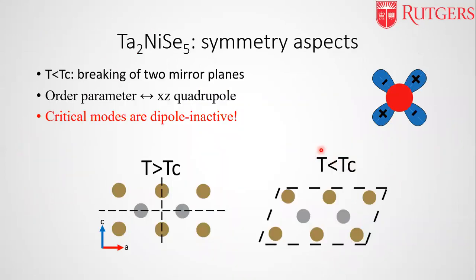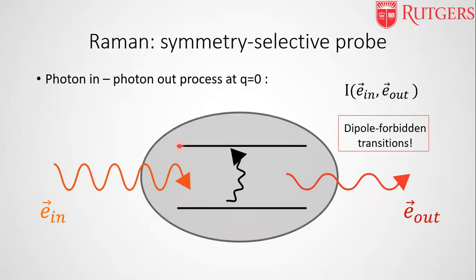The issue, however, with this material is that the order parameter has the symmetry of a quadrupole, and that means that it's dipole inactive, so your IR absorption experiment wouldn't work. What we have done instead is Raman, where there is an incoming and outgoing photon, and by manipulating the polarizations of the two, you can probe dipole forbidden transitions.